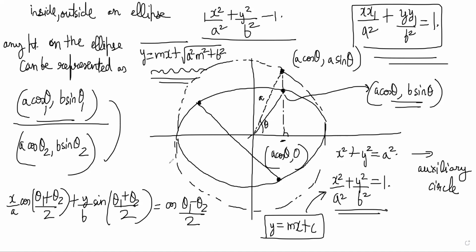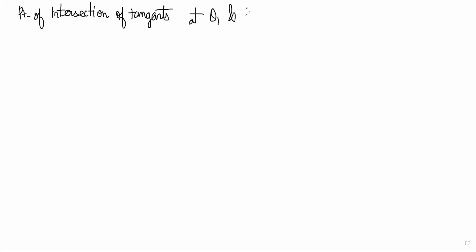Now, things like the point of intersection of tangents at, let's say, theta 1 and theta 2, it's just about writing two equations and solving them.